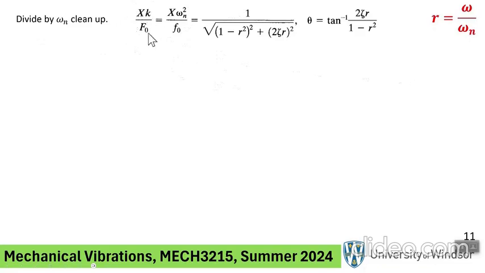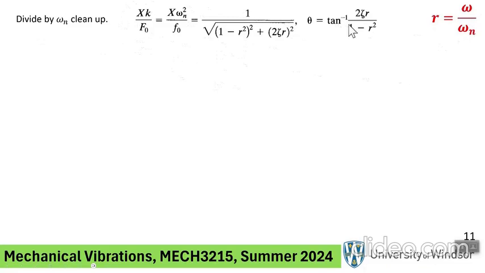Because if you take the k at the bottom, F naught over k is a static deflection, and X is a deflection, so the ratio has no dimension. There is no separate omega and omega n in it, because we already made the division top and bottom. So we get the ratio omega over omega n. This is called the frequency ratio.